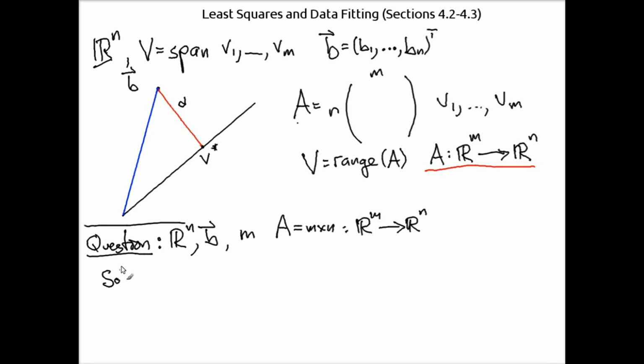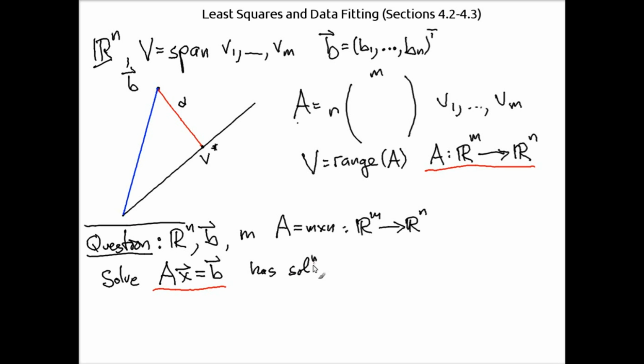And suppose I asked you to solve Ax equals b. Well, can you solve this equation? Yes, if and only if b is in the range of A. This has a solution.